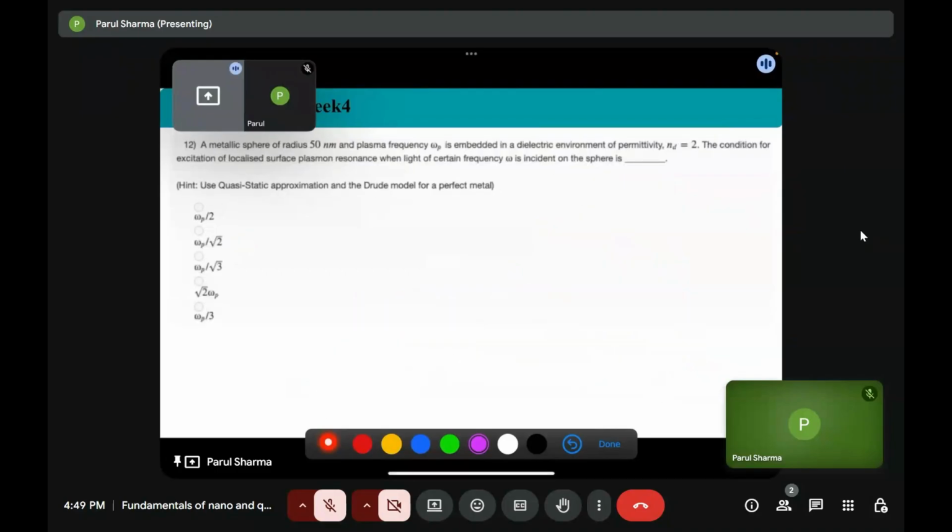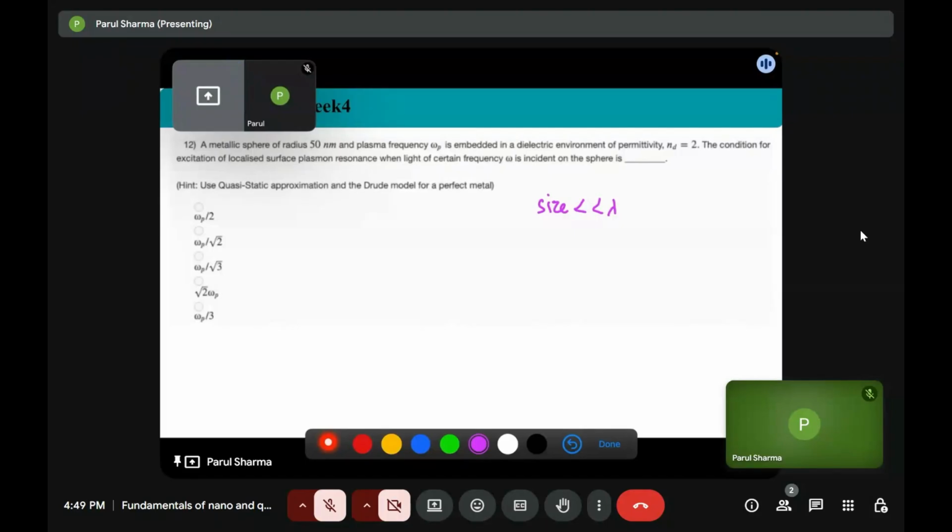Next question is a metal nanosphere whose size in nanometers justifies the quasi-static approximation, with frequency less than the plasma frequency, in a dielectric environment of permittivity epsilon d. The condition is for excitation of the localized surface plasmon when light of a certain frequency hits it.